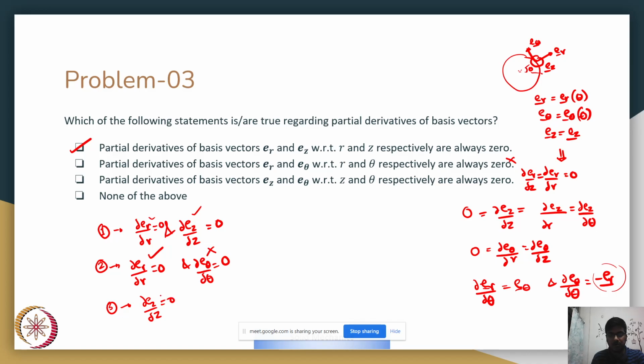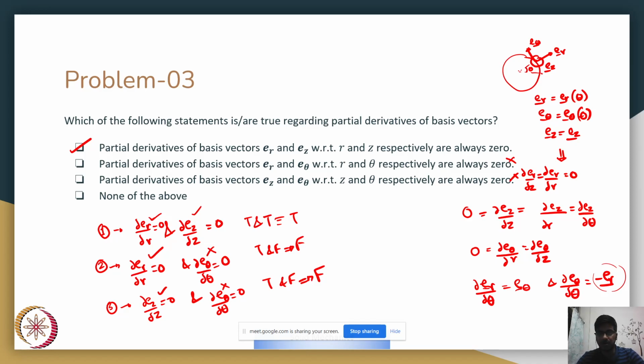This statement is true, and the second part of the statement is dou E theta by dou theta is 0. Again, this is false. So the second is true and false, which is false. And the third statement is also true and false, which is false. Only the first one is a true statement.